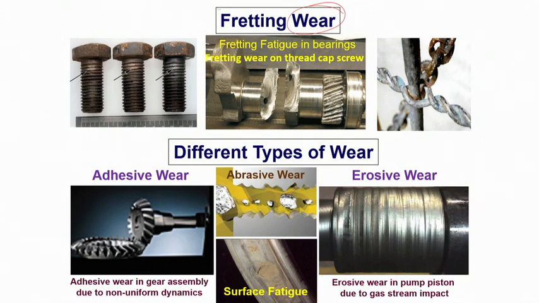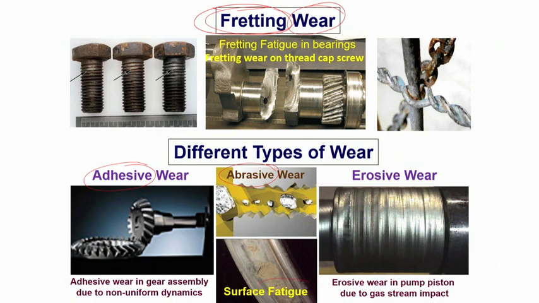It can be because of the reciprocating nature of motion, because of temporary cold welding between the two mating surfaces, or because of particles or surfaces having certain roughnesses interacting to smoothen out the roughnesses and forming such degradation of material.